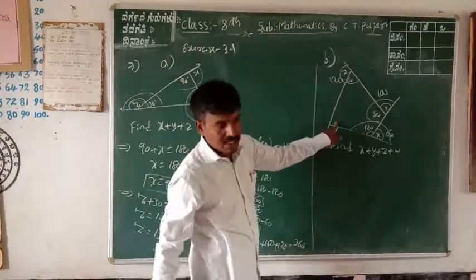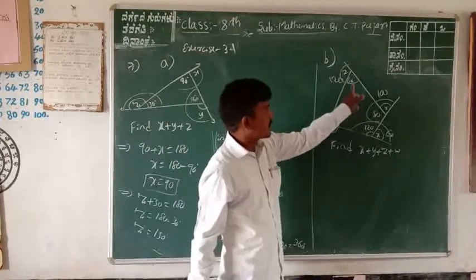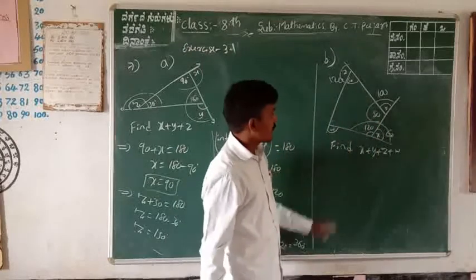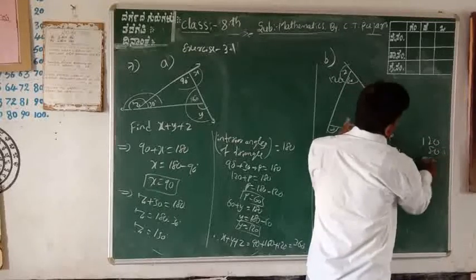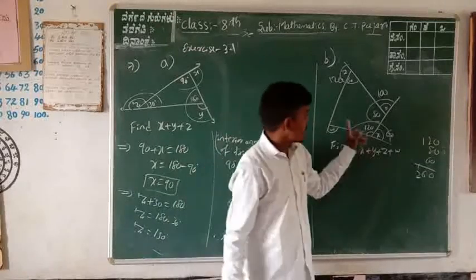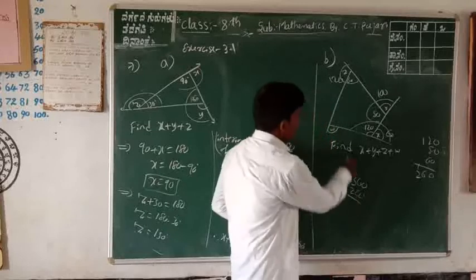But this one, again consider it as the interior angle of a quadrilateral. 60 plus 80 plus 120, and the remaining is this one. 80 plus 60 plus 120 is 260, and 360 minus 260 is equal to 100. This angle is 100.